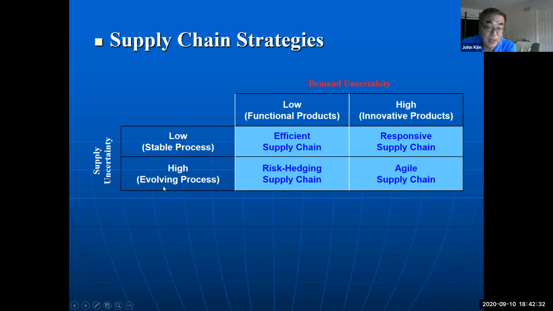For an evolving process, supply can disappear anytime, and sometimes it's hard to get supply. So there is high supply side uncertainty here. So based on demand and supply uncertainty, we can divide into 4 dimensions of supply chain strategy: efficient, risk hedging, responsive, and agile supply chain strategy.